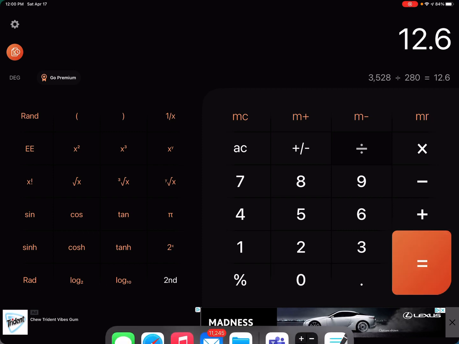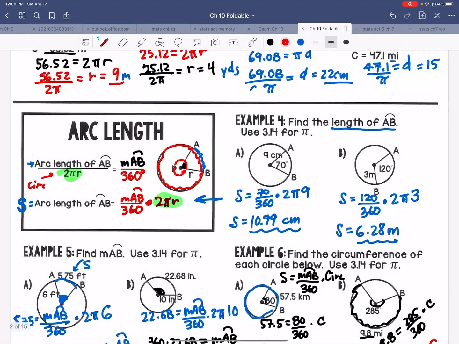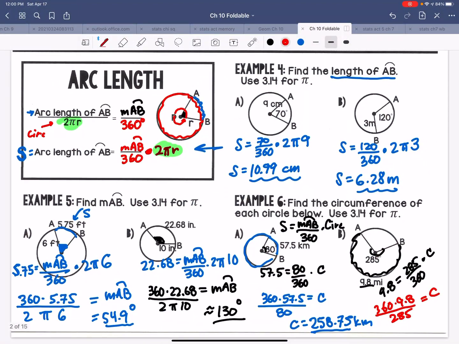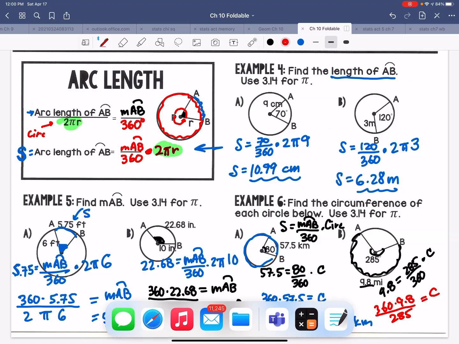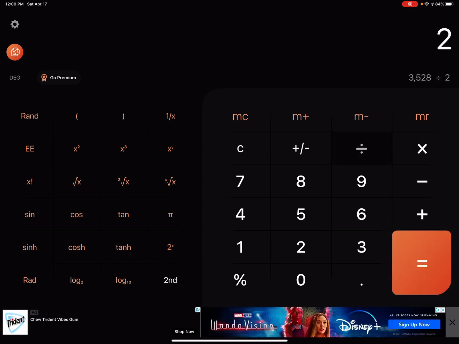I think I typed that in wrong. Okay, I typed that in wrong, sorry. 360 times 9.8 divided by 285.